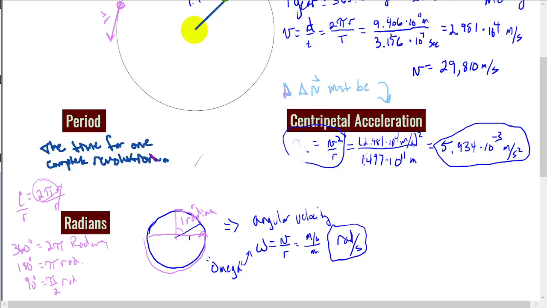All right, so let's compare here. The period is the time for one complete revolution, so this is the time it takes for 2 pi radians. Sorry, I'm instructing that wrong.